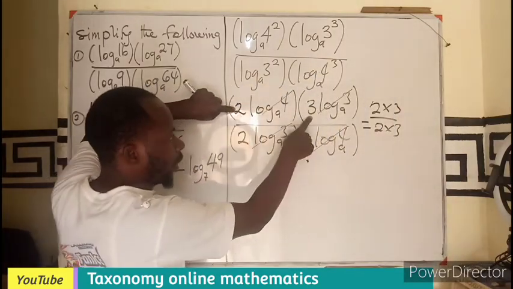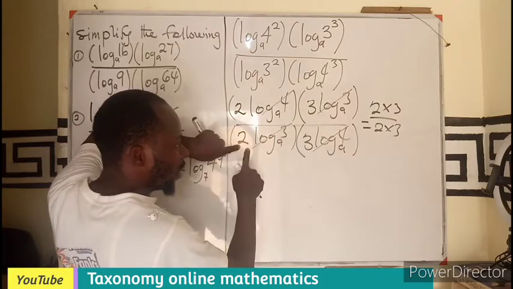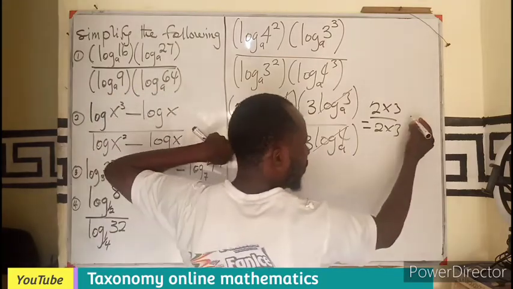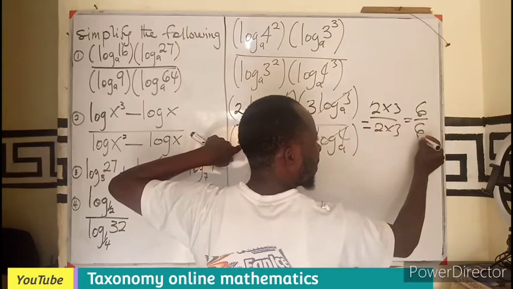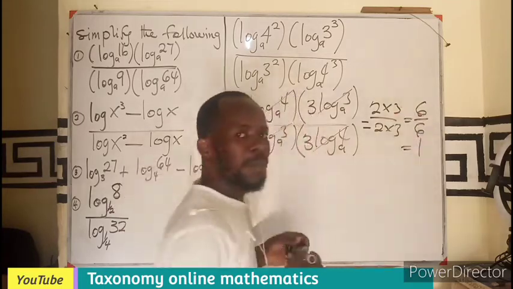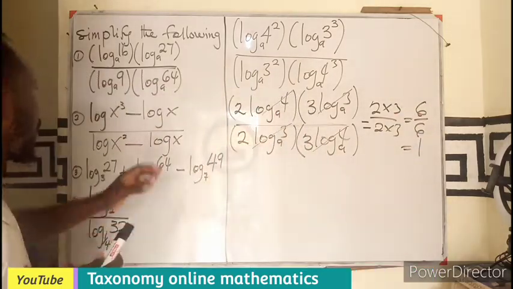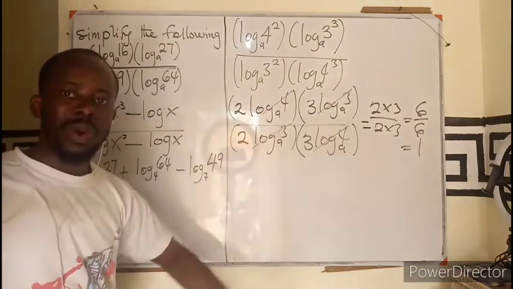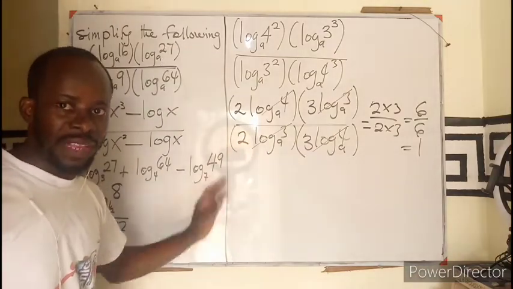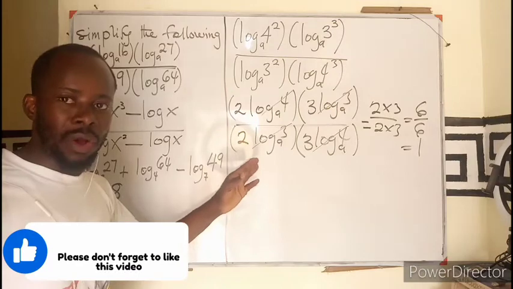This 2 will multiply this 3 as a coefficient. So 6 over 6 will give us 1. So in simplification of this logarithm, the answer we are looking for is just 1 after simplification. I believe you get the concept.